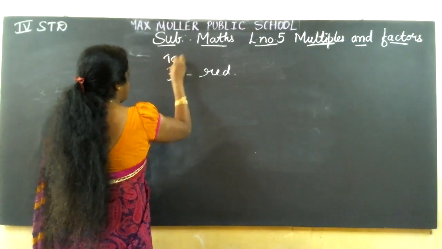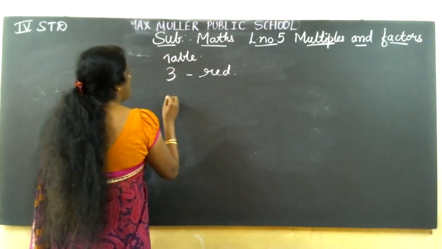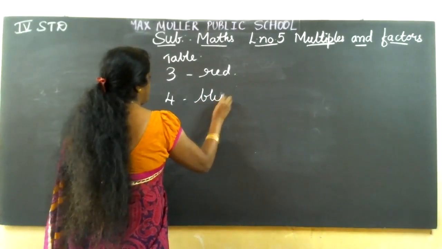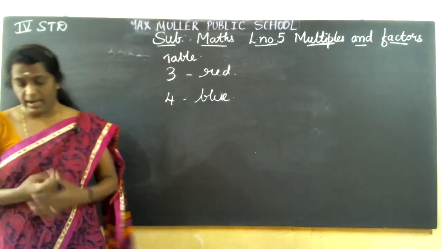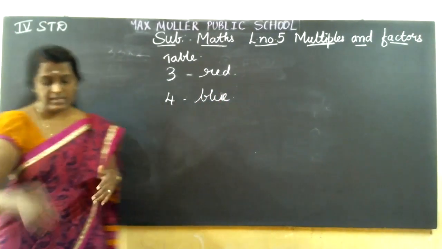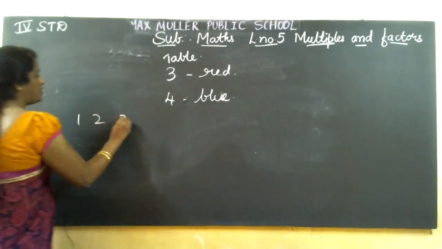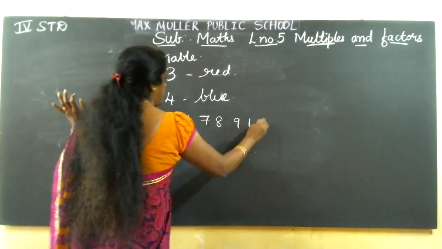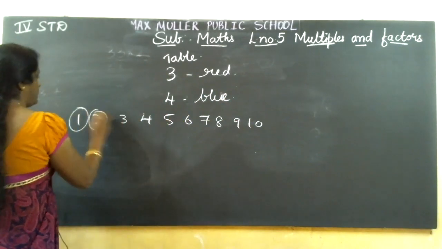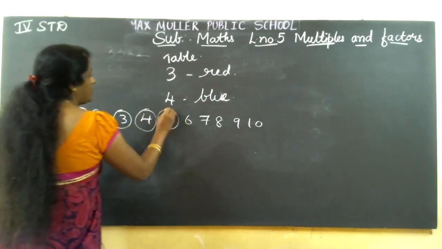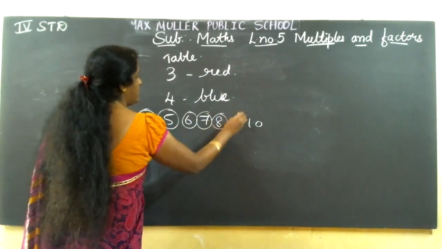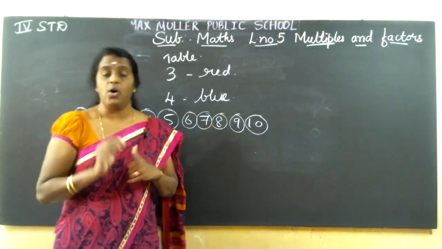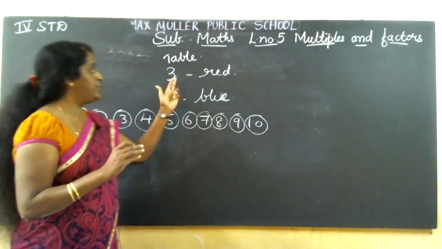And 4 in blue. On page number 151 there are numbers 1, 2, 3, 4, 5, 6, 7, 8, 9, 10, like that, in circles. Don't color so dark, okay, children? Just color lightly. Color all the multiples of 3, the 3 table.